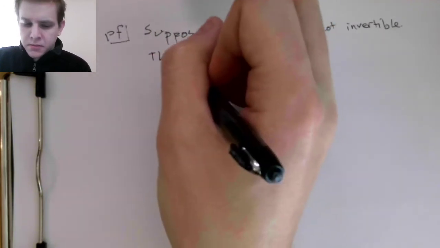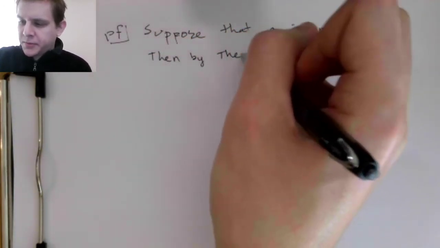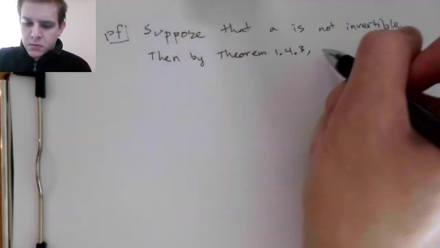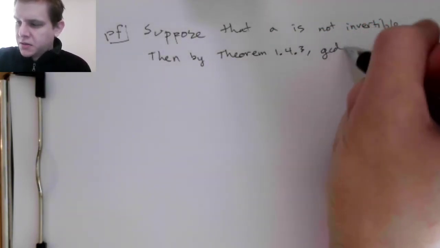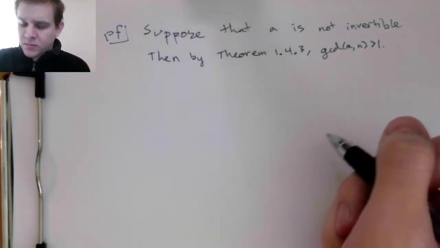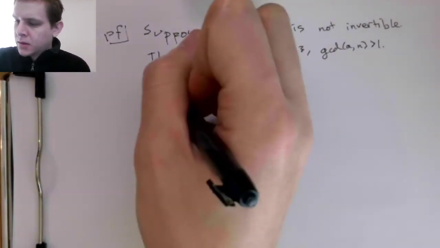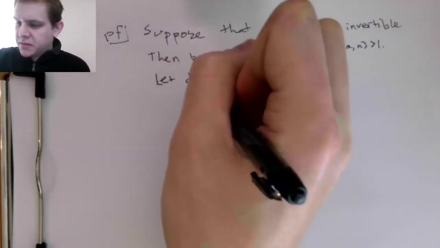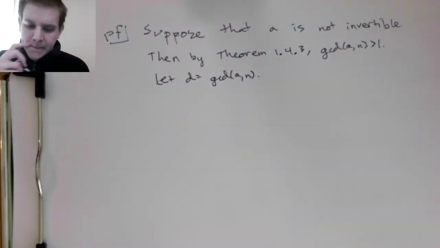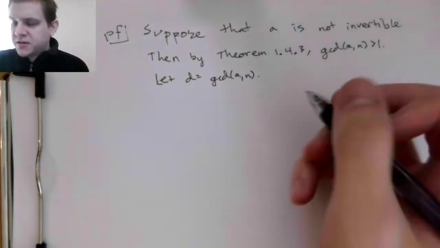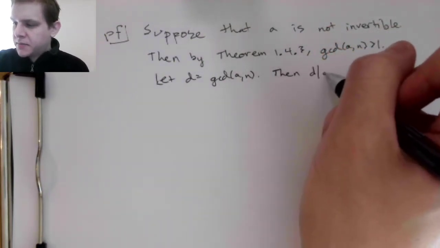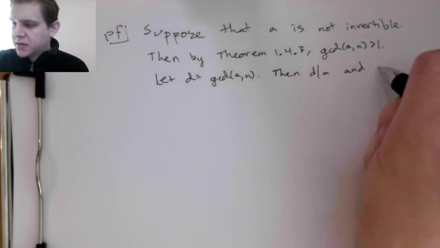Again, by theorem 1.4.3, the GCD of A and n is strictly bigger than 1. We'll still let D be the GCD of A and n. Now I don't even need the GCD theorem. Then D divides A and D divides n.